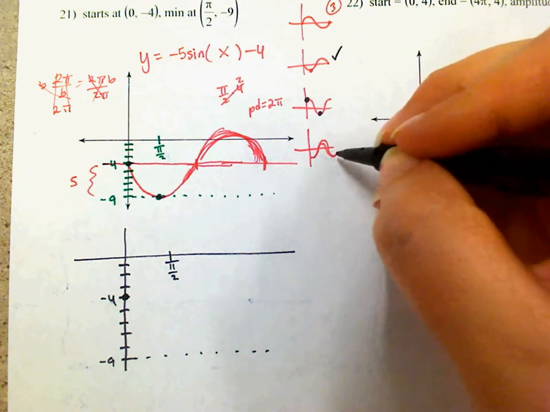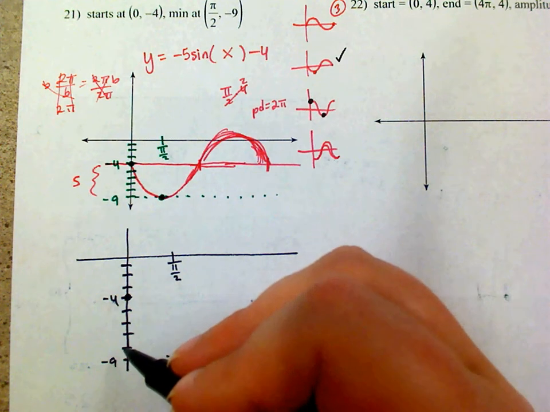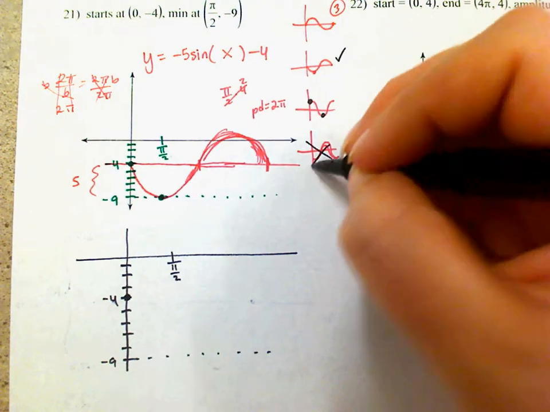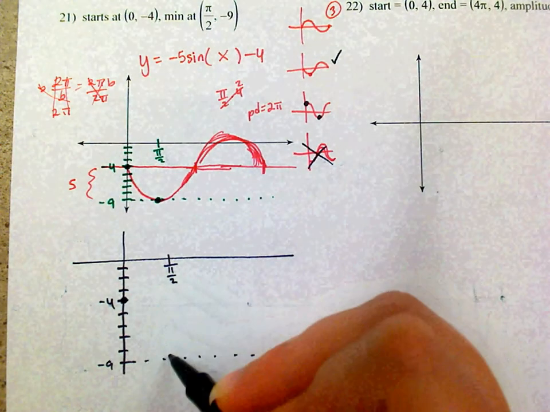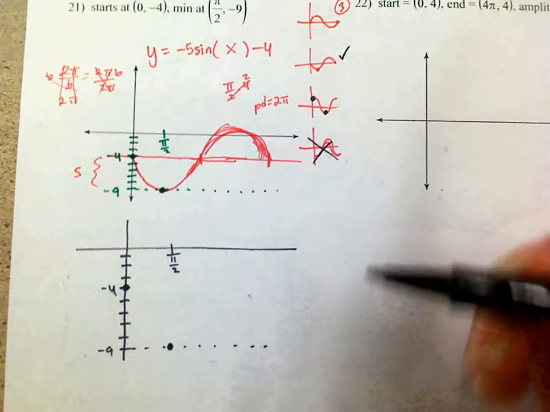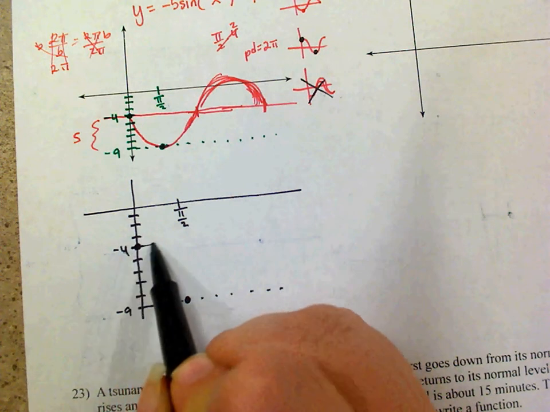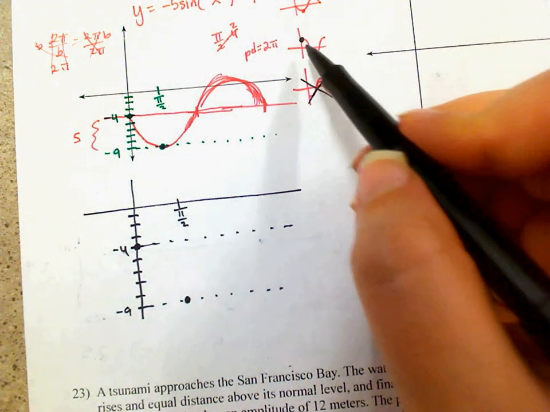Okay, so if I want to graph a cosine wave, well then I know that this has to be at the maximum now, because -4 has to be that point right there. And then I have to have my minimum right there, which means I need my midline. So when I think about the distance between -4 and -9, I know that it's a positive distance of 5.